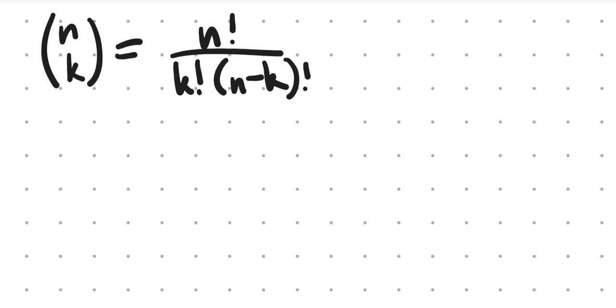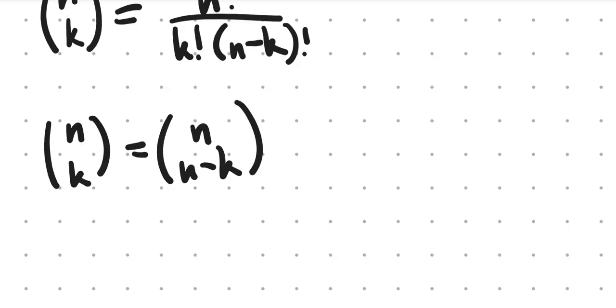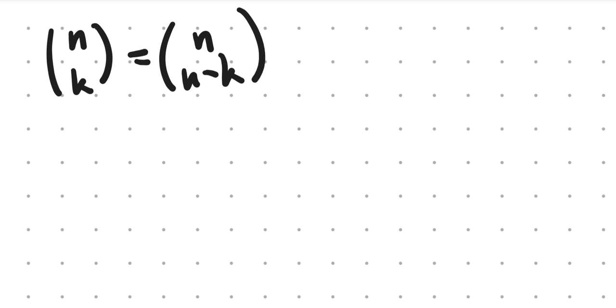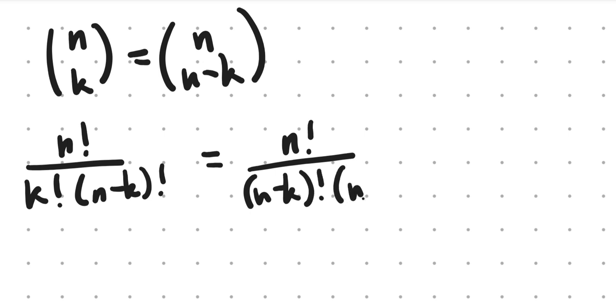Now the first equivalence states that n choose k is equal to n choose n minus k. So let's prove this formula. We know that n choose k is n factorial divided by k factorial times n minus k factorial. This should be equal to n factorial divided by n minus k factorial times n minus (n minus k) factorial.